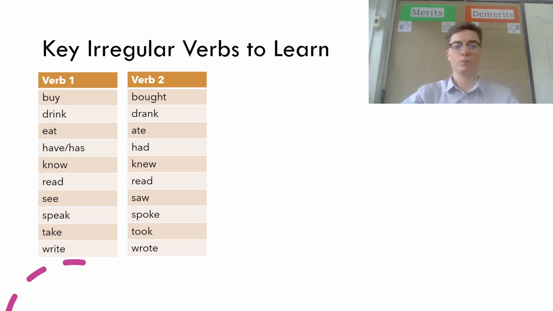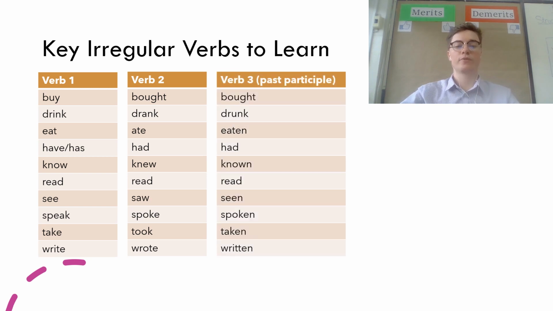But of course, we are doing present perfect. So we need verb 3. And it's verb 3, this list of verbs that I would like you to remember. Bought, drunk, eaten, had, known, read, seen, spoken, taken, and written.